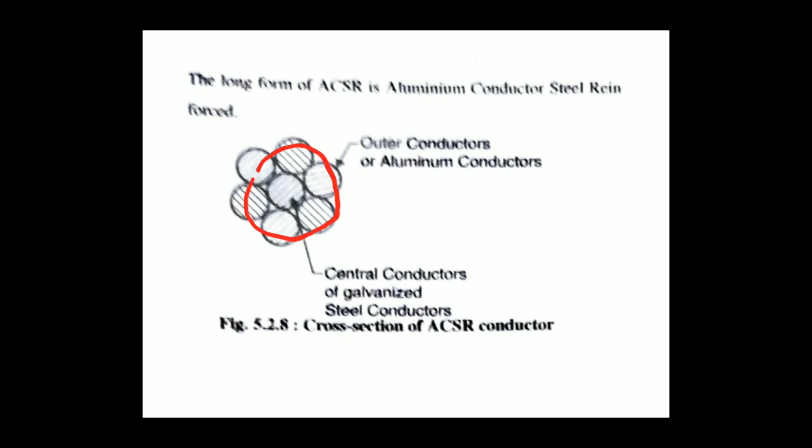The inner part is the steel reinforced and the outer part is the aluminium. Because of this construction, the mechanical strength of the ACSR conductor is maximum as compared to triple AC conductor, copper conductor and aluminium conductor.